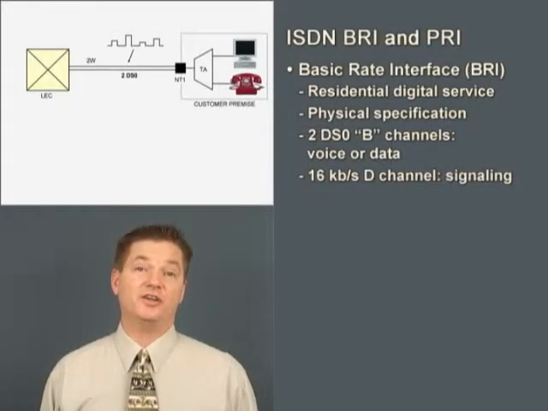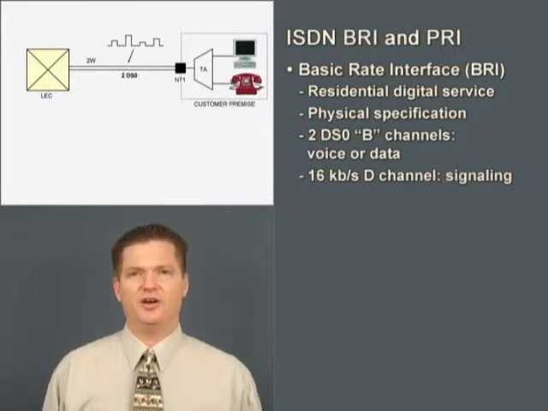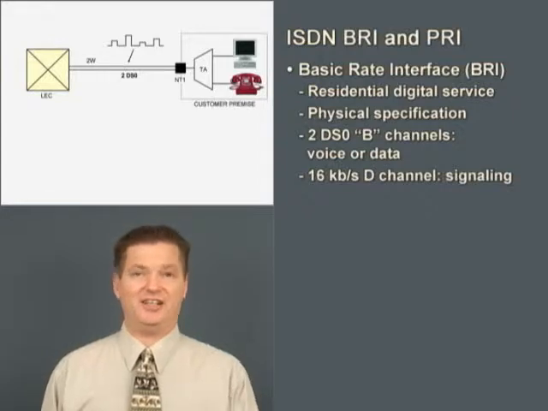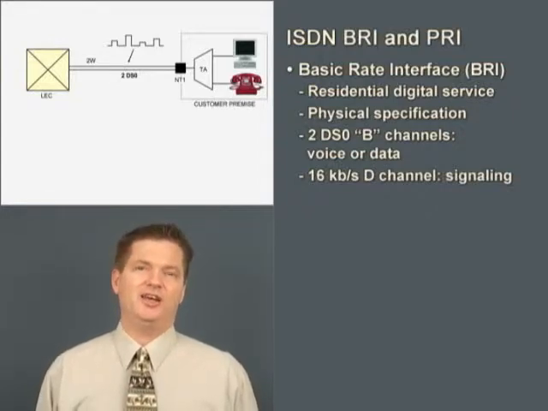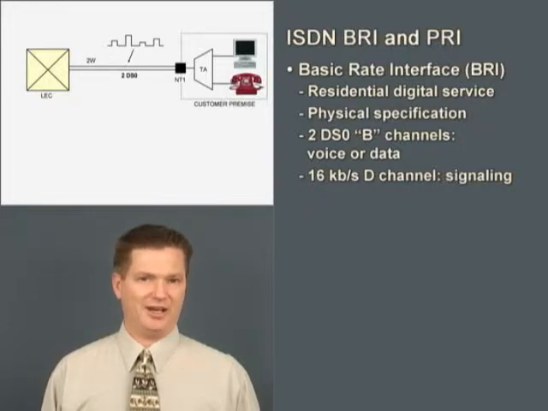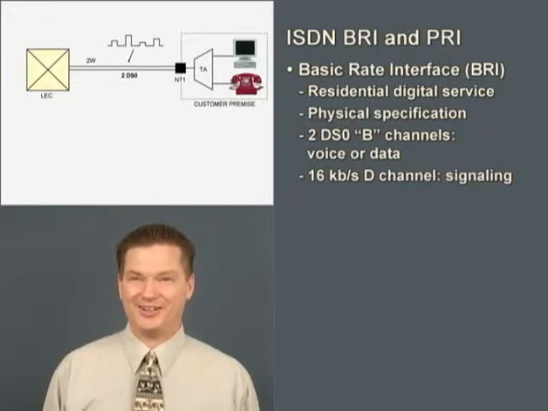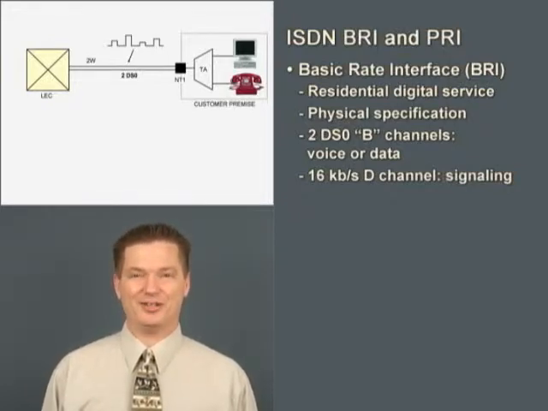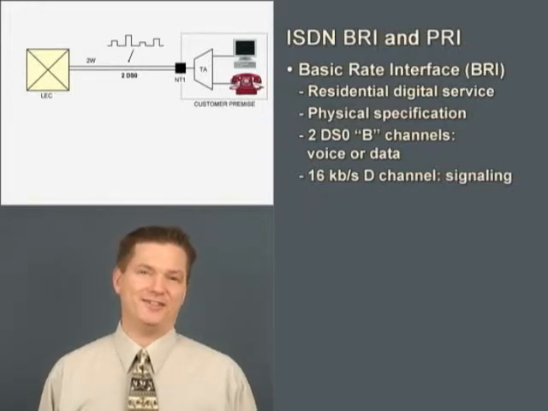There were some pockets of implementation of ISDN basic rate in North America. One of the applications was telecommuting, because in the 1980s, for example, if you wanted to do data communications over a voice band analog circuit, you could maybe do 2.4 or 4.8 or maybe 9.6 kilobits per second using a modem. And that's not fast enough to do client-server computing.